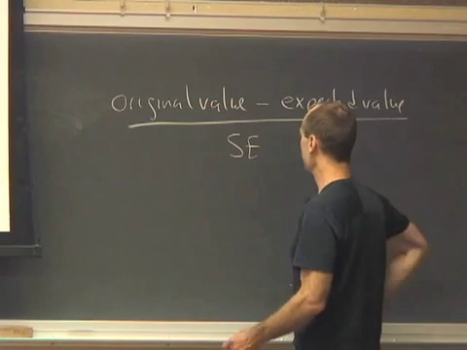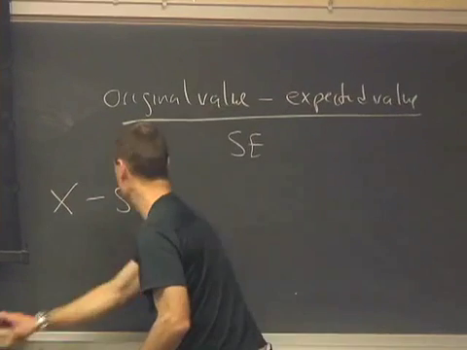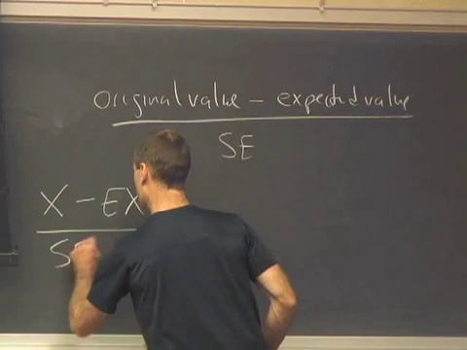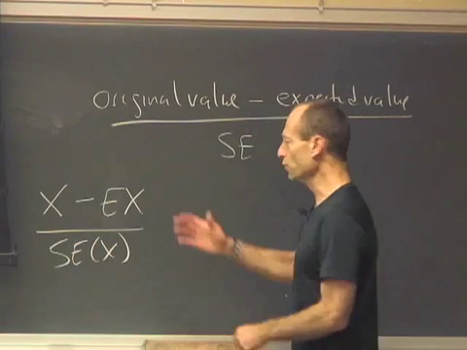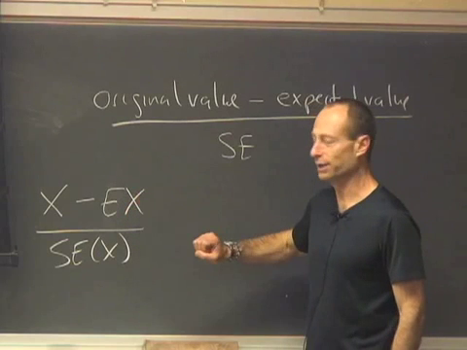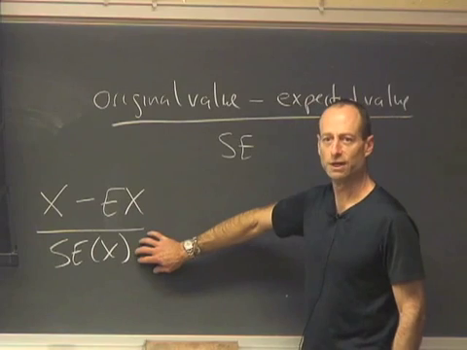So if I take X minus the mean of X and divide that by the standard error of X, that's a new random variable. It's a function of the old random variable. What have I done to it? I've subtracted something and I've scaled it.